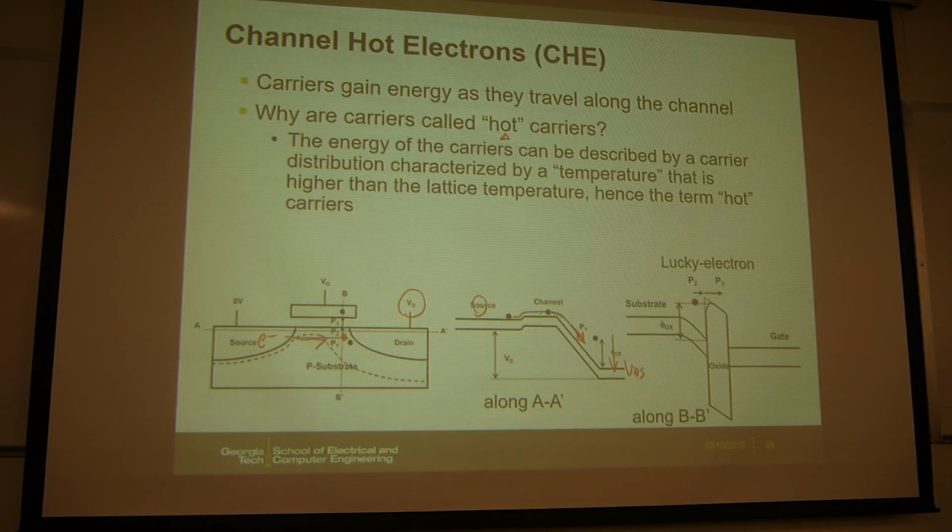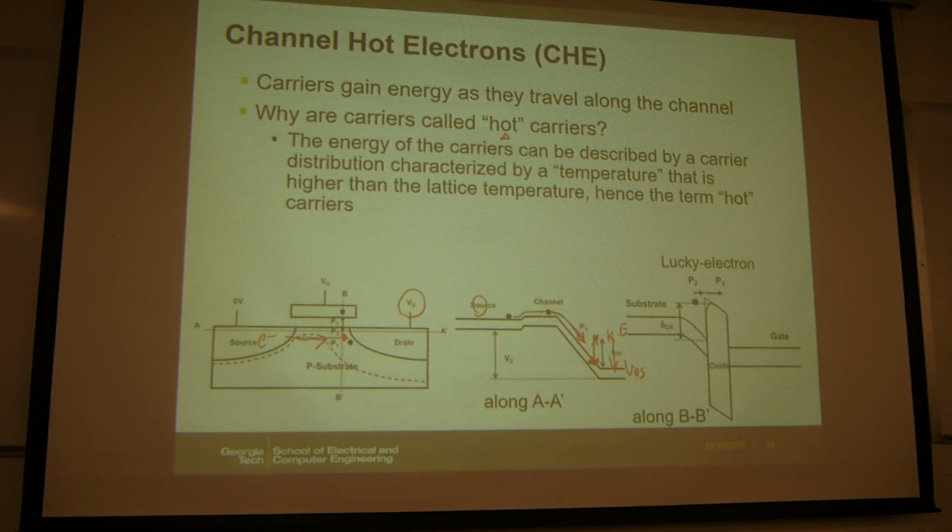Essentially the kinetic energy is this energy, because this is the band diagram, which shows the electron's energy. But the electron's energy has two components. One is the kinetic energy. The other one is the electrostatic potential, which is the band edge. The electron energy higher than this band edge is the kinetic energy.